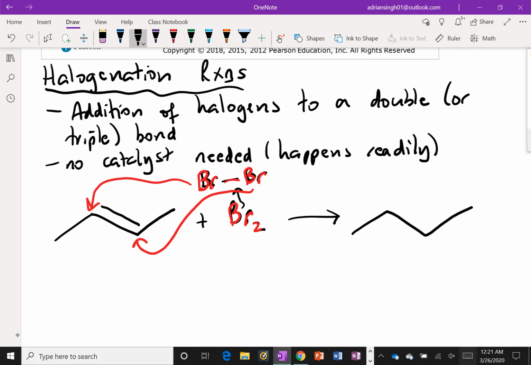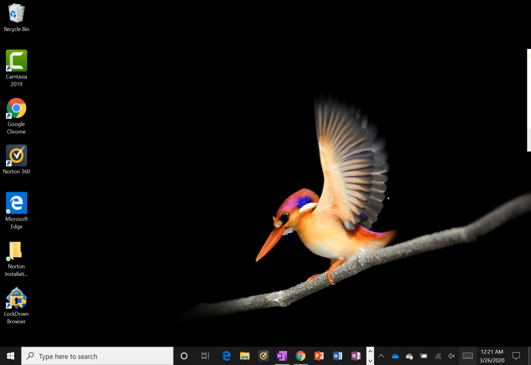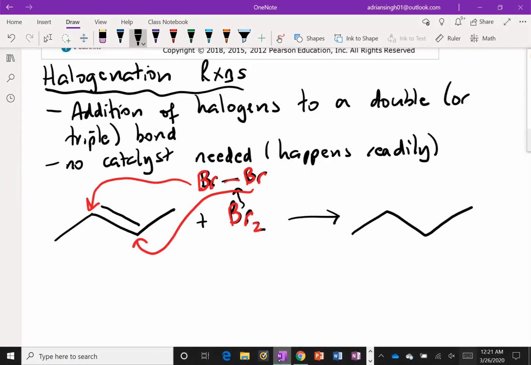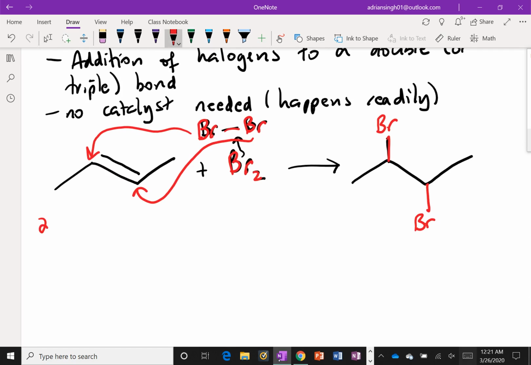Because now we've added a bromine to the second carbon from the left, we have a bromine attached here, and we have another bromine attached to the neighboring carbon right underneath. So we go from 2-butene to 2,3-dibromobutane.